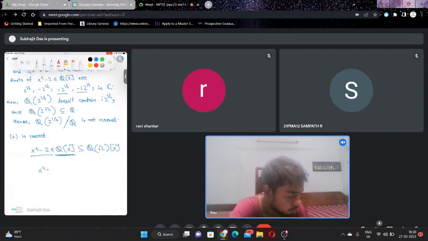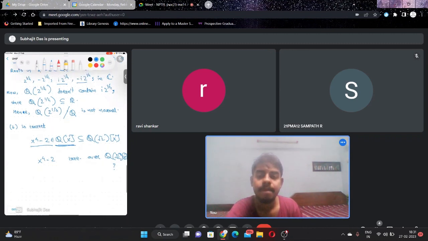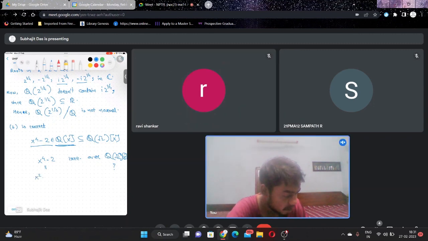But is x to the power 4 minus 2 irreducible over Q adjoined with root 2, x? I mean, is it irreducible in Q(root 2)[x]? That's certainly not true, right? Because you can write this as x square plus root 2 times x square minus root 2, right?